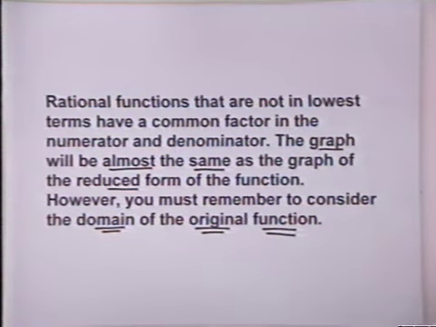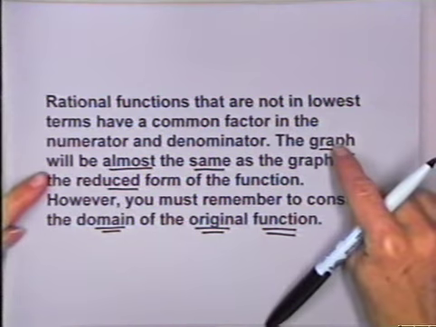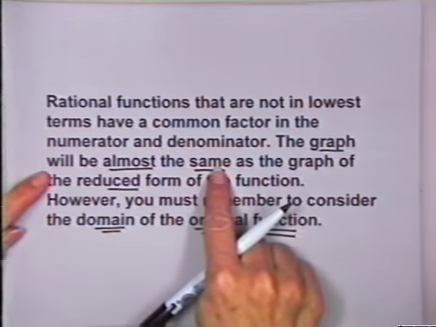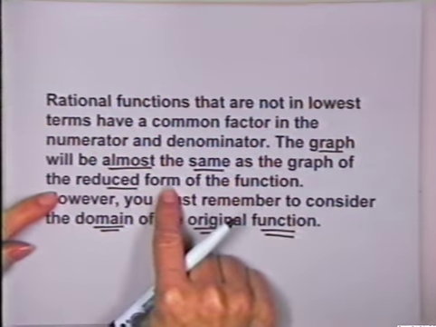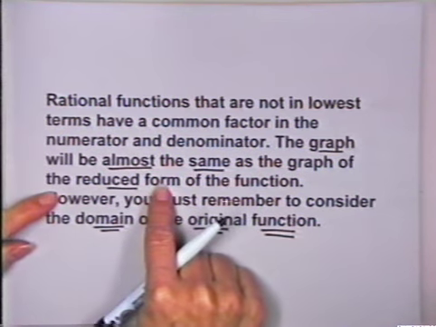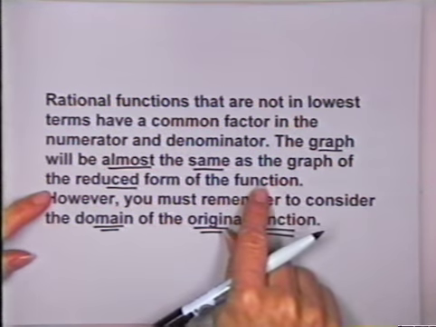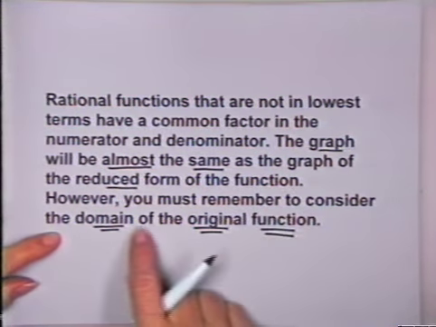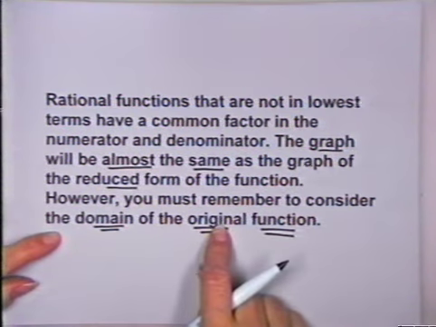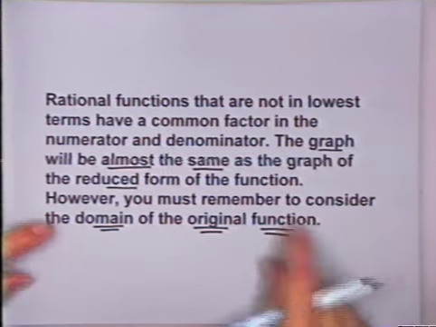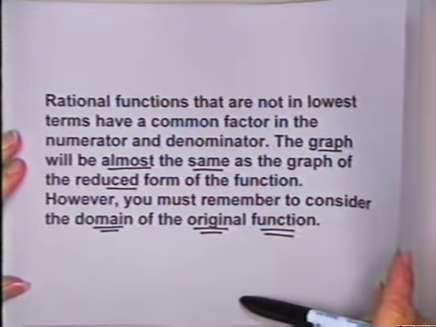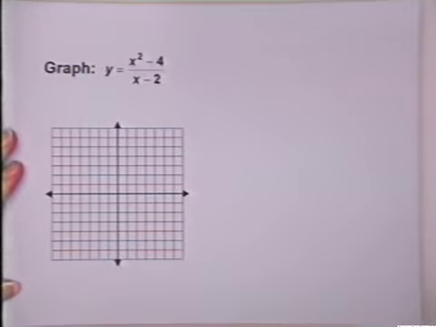Now, what I want you to learn from this statement here, the graph will be almost the same as the reduced form. In fact, we're going to go to the reduced form to help us sketch the graph. What we're going to consider, though, as we do this reduced form of the function is to remember the domain of the original function.